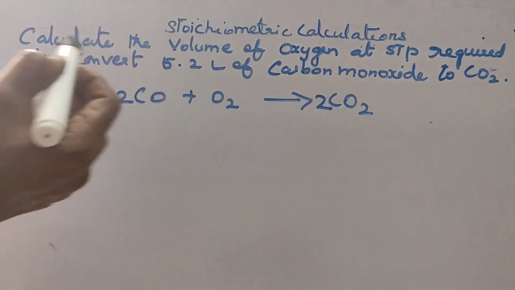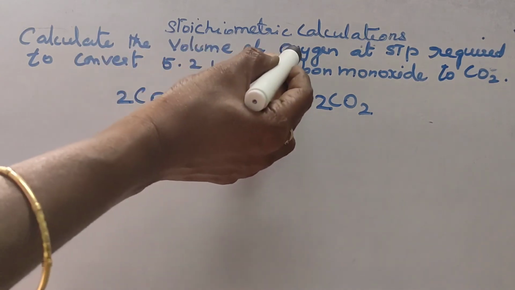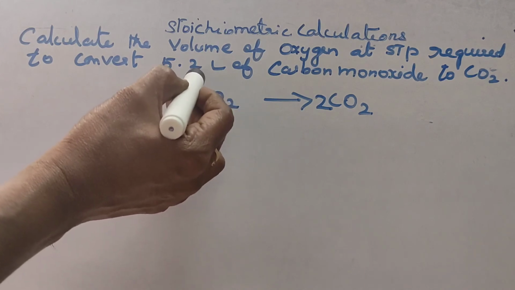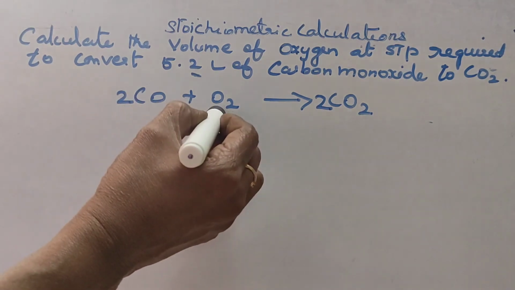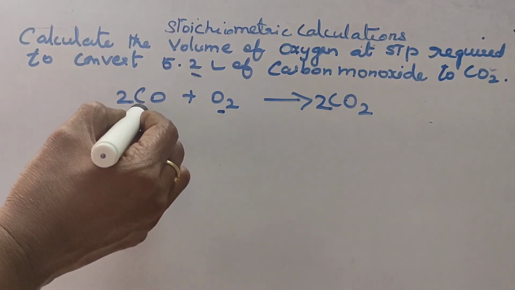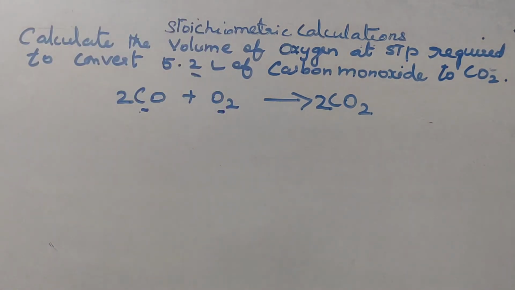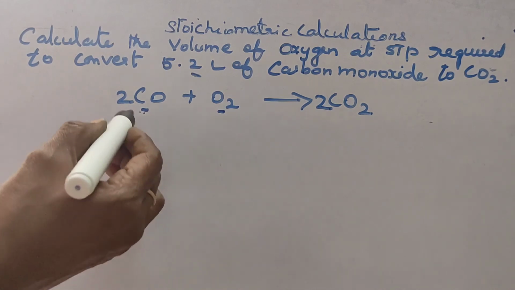What is the relationship here? Let us find the relationship. Volume of oxygen to convert 5.2 liter of carbon monoxide, that is also given in the form of volume. So, oxygen and carbon monoxide, these two things are interrelated, so those two things we are also going to interrelate.